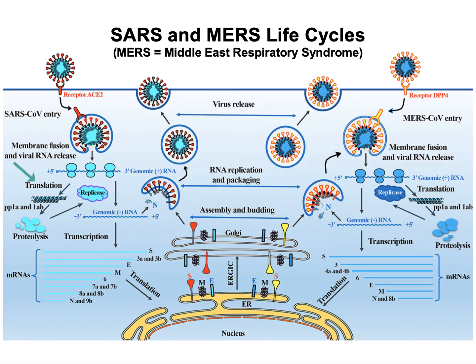Then you get translation, replication of the RNA, and construction of the virus inside of a membrane system that comes off the Golgi in the cell. Those eventually are released by the host cell without killing it, by the way, and then that goes on to infect other cells.